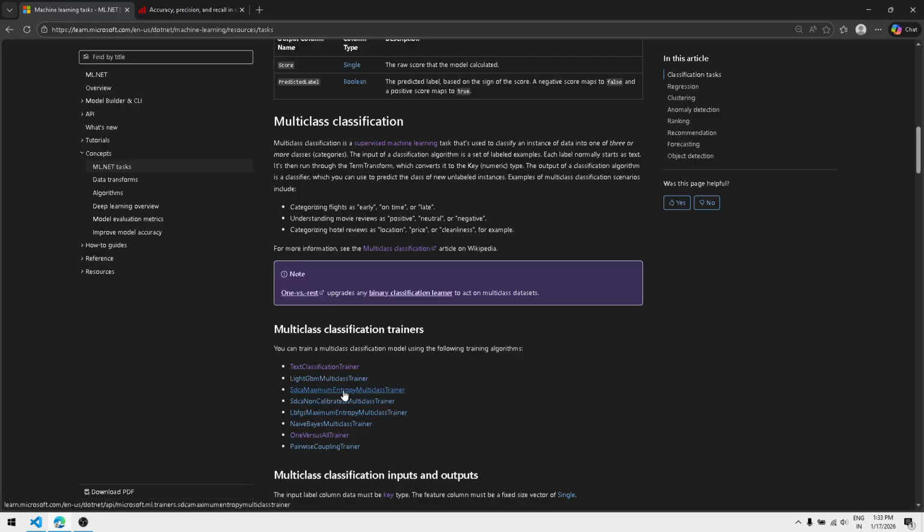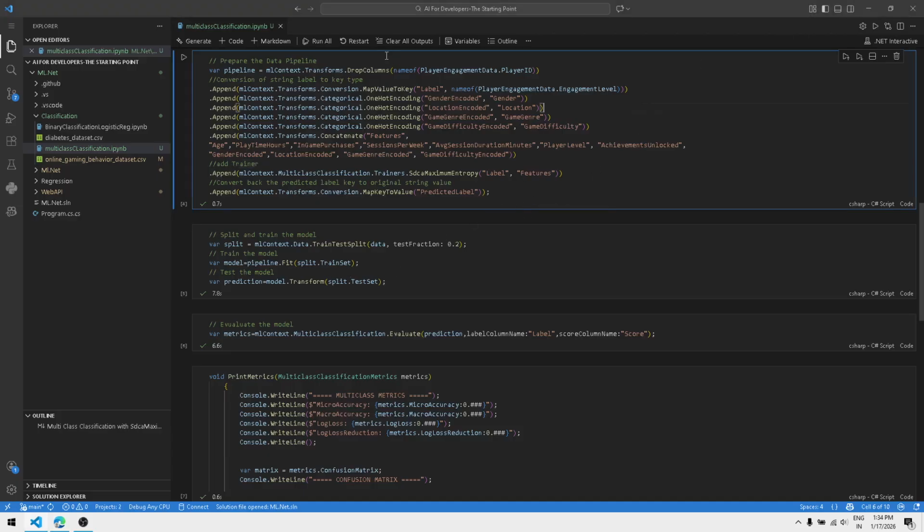SDCA maximum entropy we use. We can also use SDCA non-calibrated multi-class trainer. We'll see later on. So let's execute this and see if there is any improvement in our model performance. Let's have a look together.